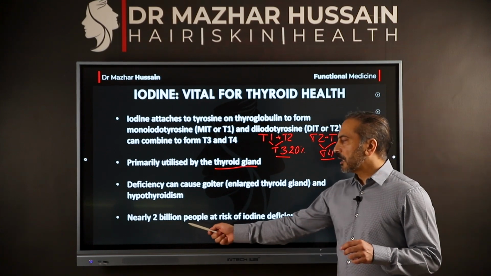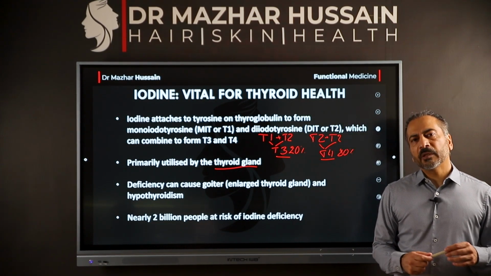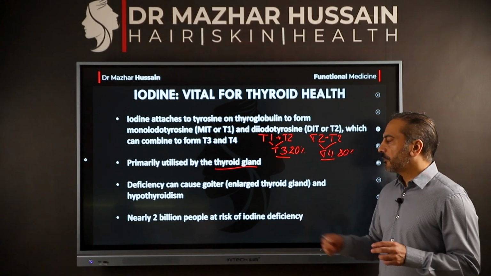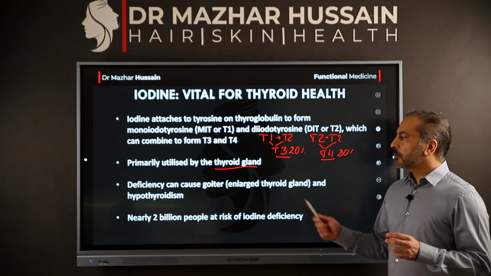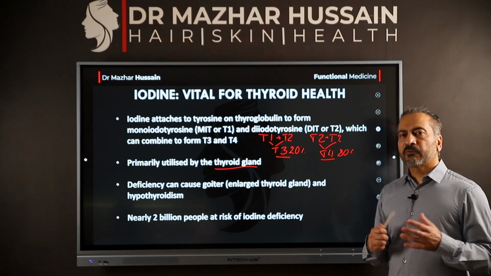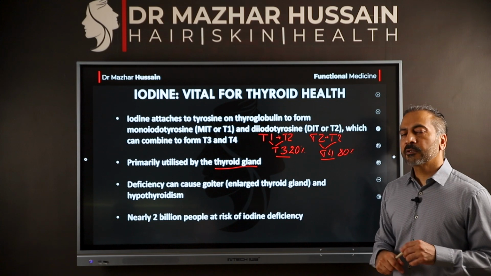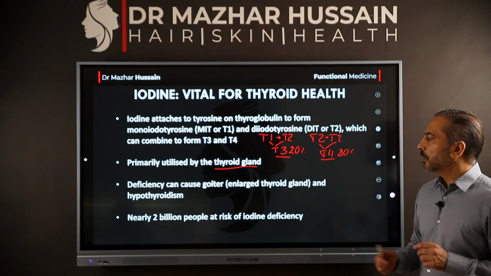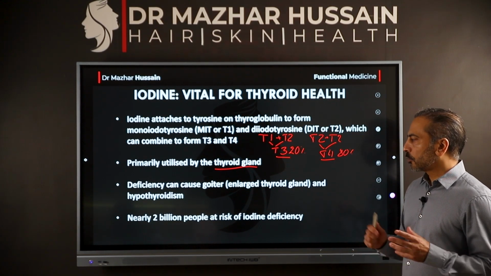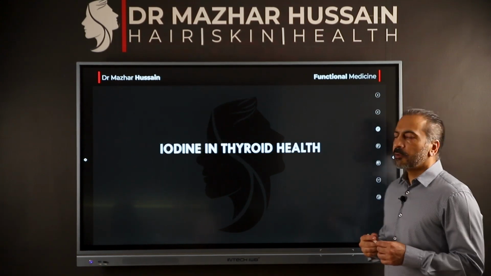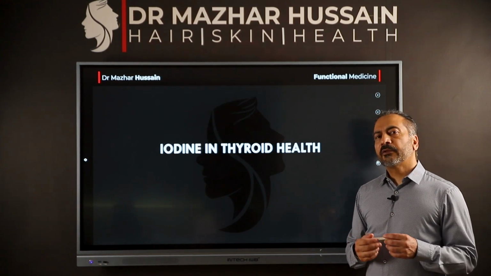And it's estimated that nearly 2 billion people, 25% of the world population, is at risk of iodine deficiency. So although it may not be much of a problem where you live, it doesn't mean that it's not a big health concern. It is a huge health concern globally, in a global perspective. So this was our brief introduction to iodine in thyroid health.